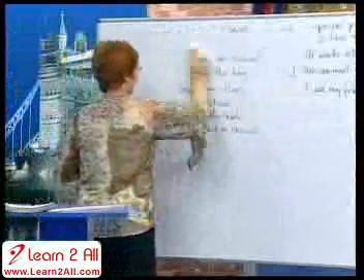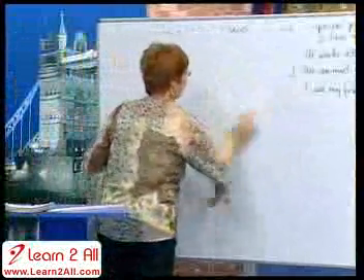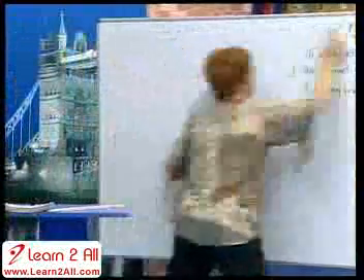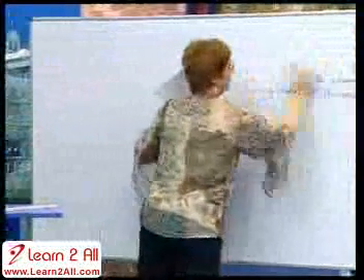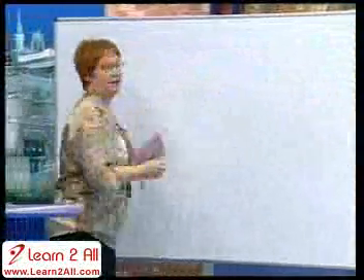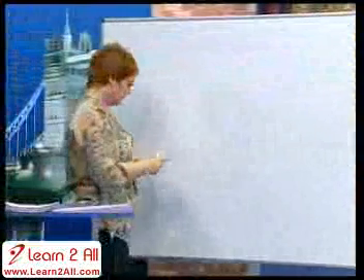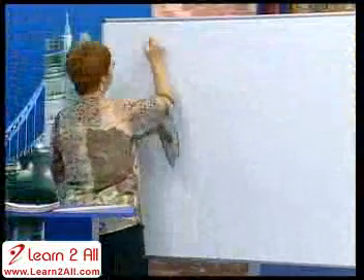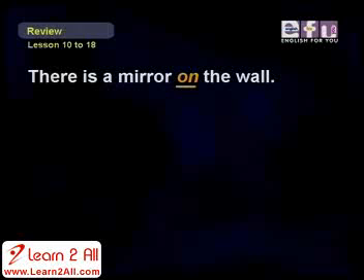So let me make some room here, and we'll do a little bit more with prepositions. Now, remember that the preposition comes before the place. So here are some sentences. There is a mirror on the wall.